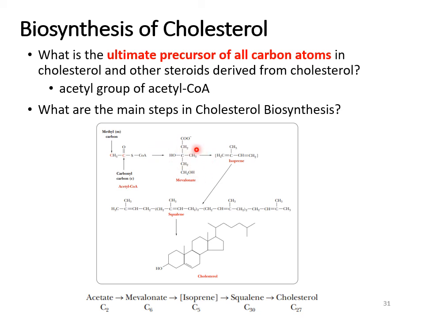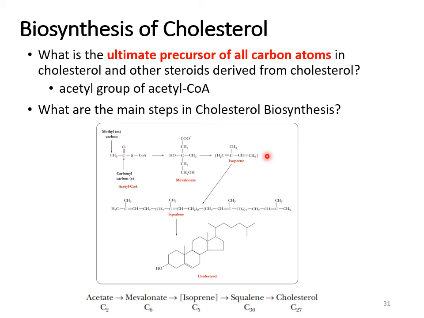Then you have the decarboxylation of that mevalonate to produce this 5-carbon isoprene. Isoprene units are involved in the biosynthesis of ubiquinone. If you've ever seen supplements called coenzyme Q sold in stores, which is associated with helping your mental acuity, helping you think and get through the day, that's related to isoprene units.